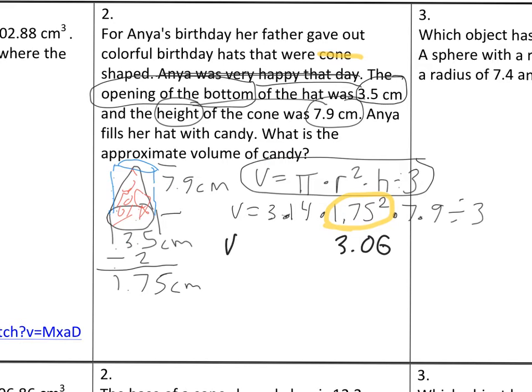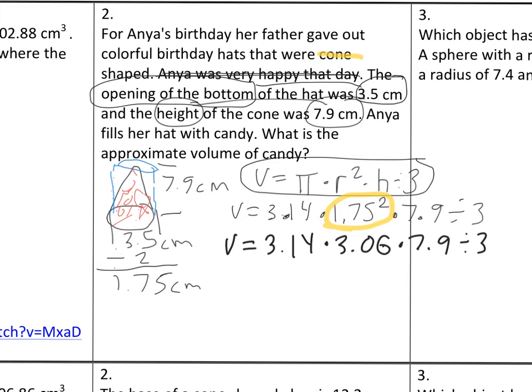Alright, everything else, just go ahead and write it down. So your volume, bring it down. 3.14, bring it down. Multiply 3.06 that you had earlier times 7.9 divide your 3. Okay, now stay with me on this part. Let's do one thing at a time, from left to right.